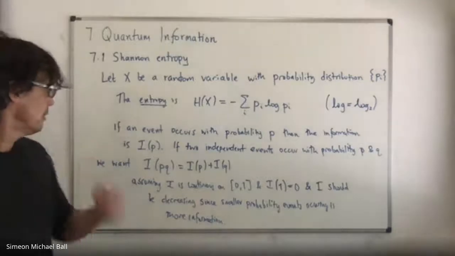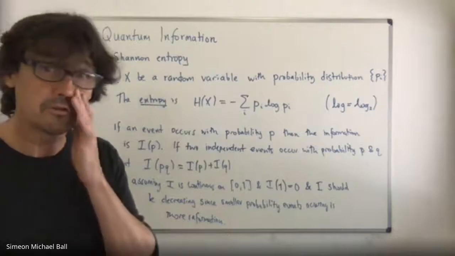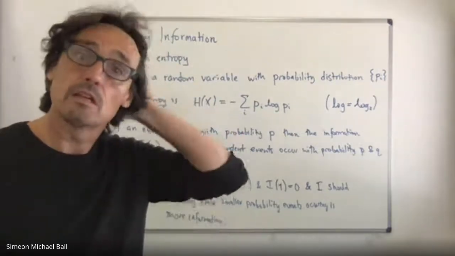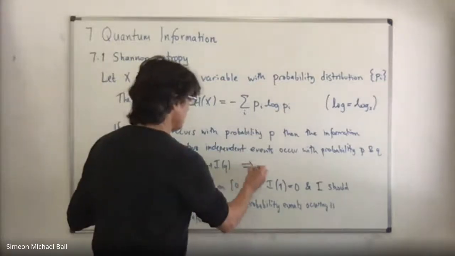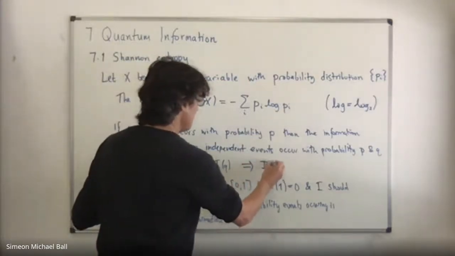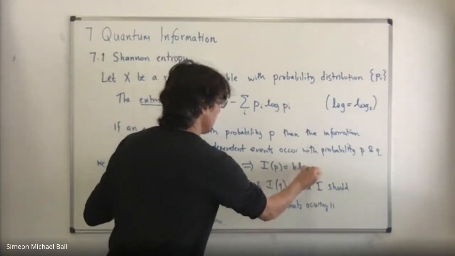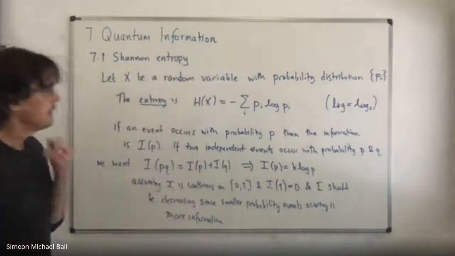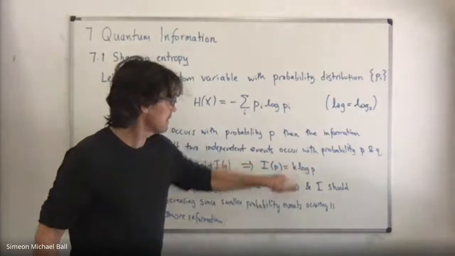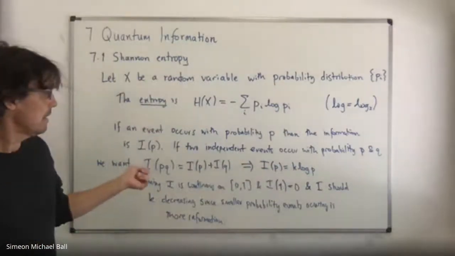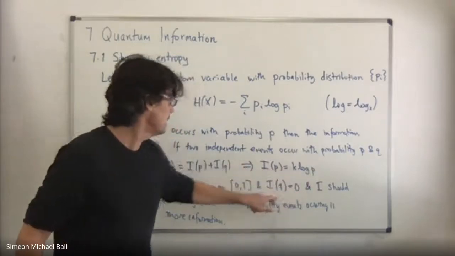Okay, well, with all of these axioms that we make up to quantify this function information, we can now deduce that I(p) is some constant times the logarithm of p. Here we can fix the base 2, because if we change the base, that just changes the constant. Log of 1 is 0, so that's okay.